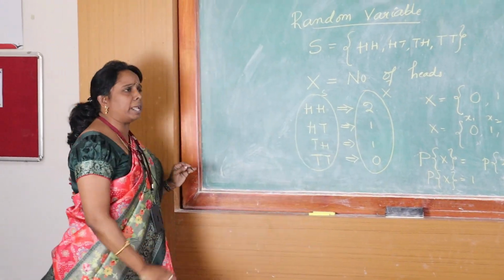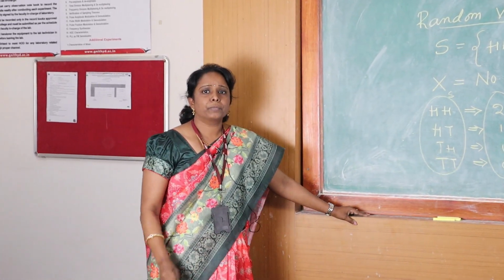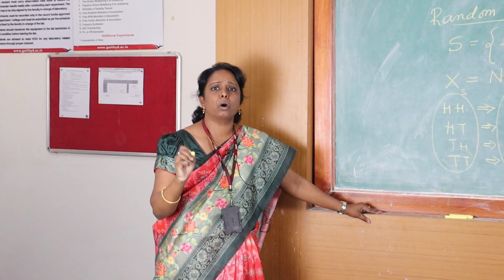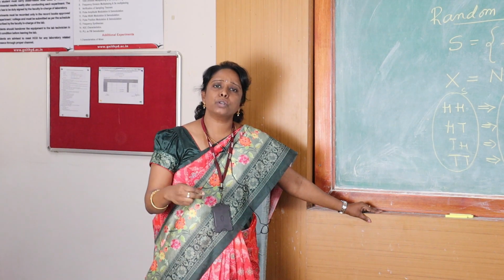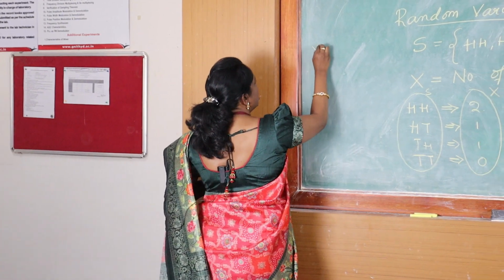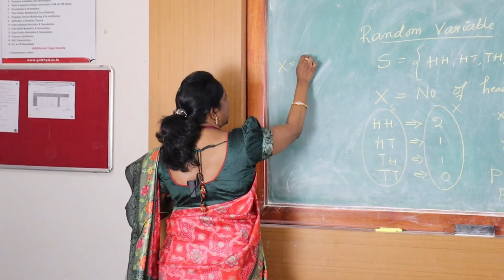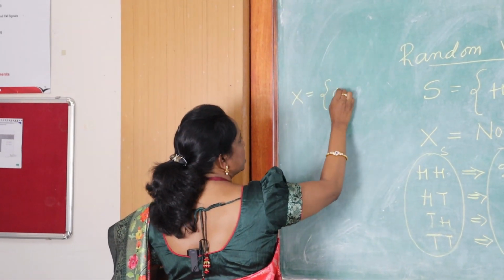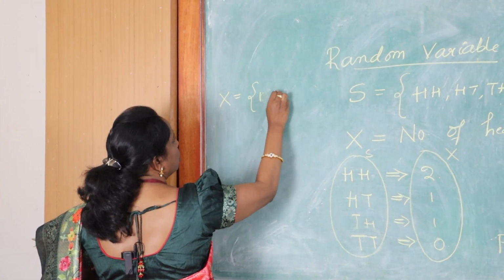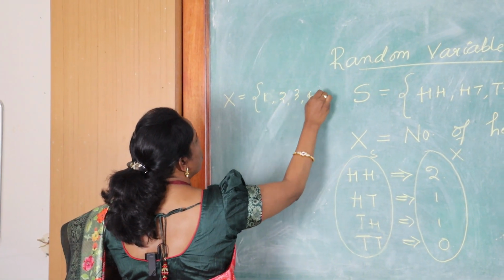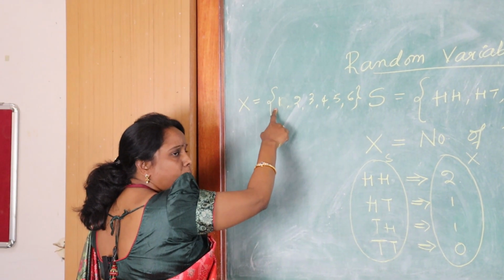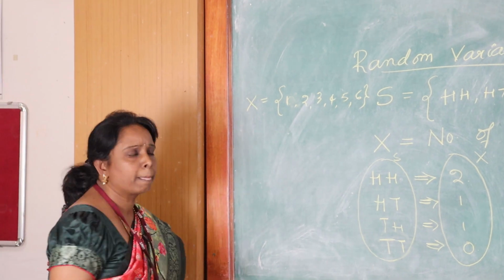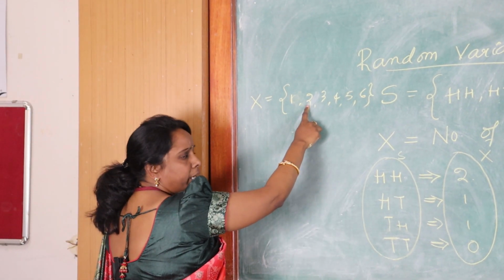Let me take a small example. Rolling a die, picking balls, or tossing a coin: all these sample spaces are discrete, so the random variable will also be discrete. For example, rolling a die: 1 is the face present on the die, 2 is the face present on the die.